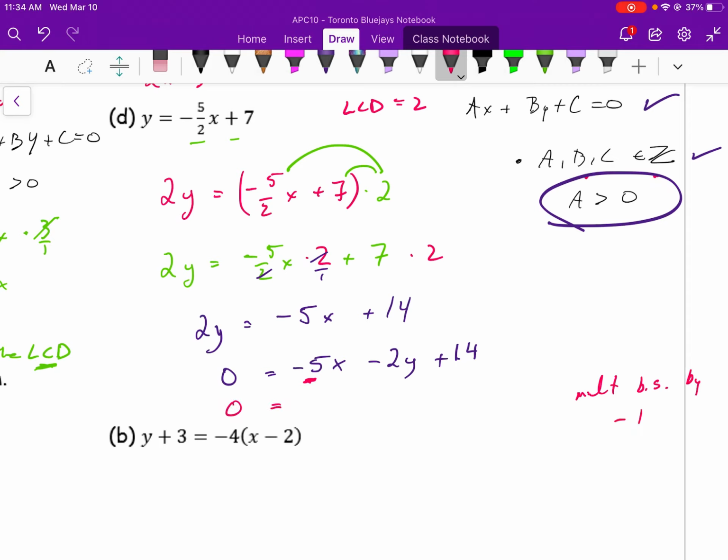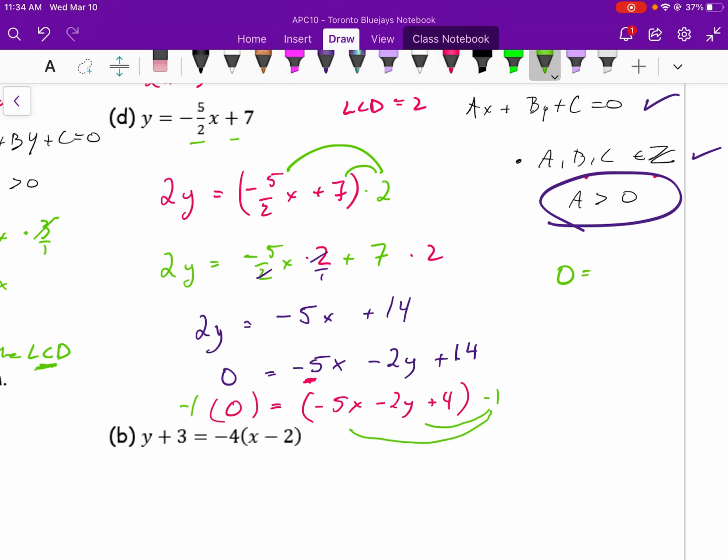And if I do that, I take a look at my left-hand side: negative 1 times 0 is just 0, because anything times 0 is 0. Now I have to distribute the multiplication of that negative 1 to each of the terms. So negative 1 times negative 5x simply is 5x.